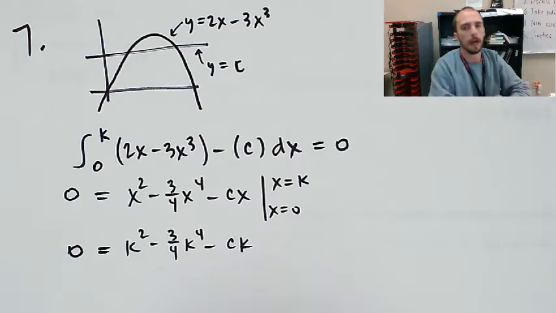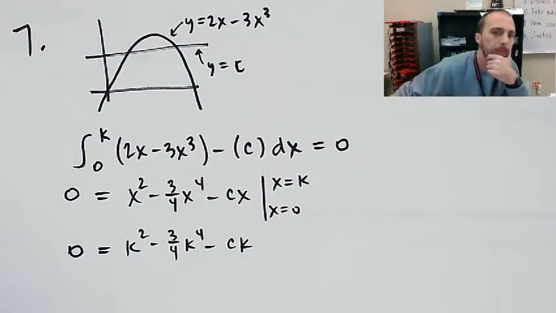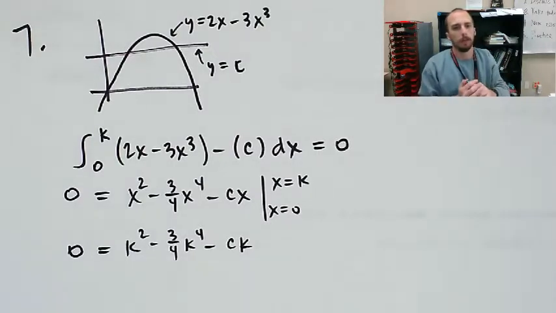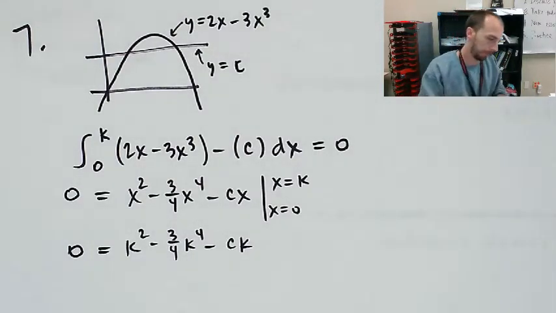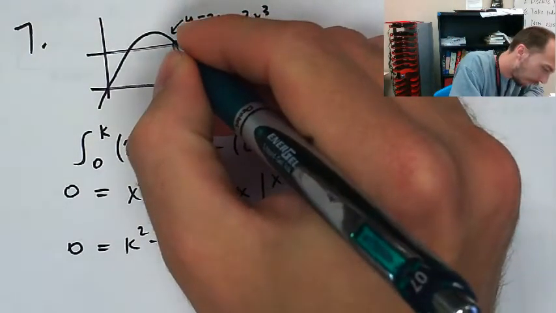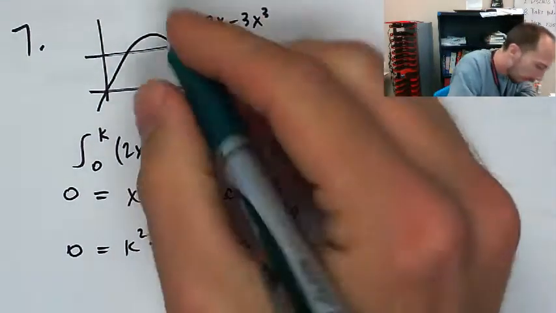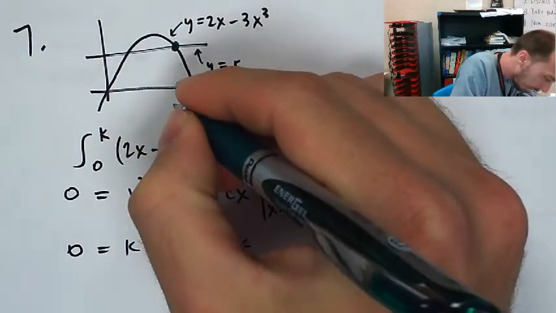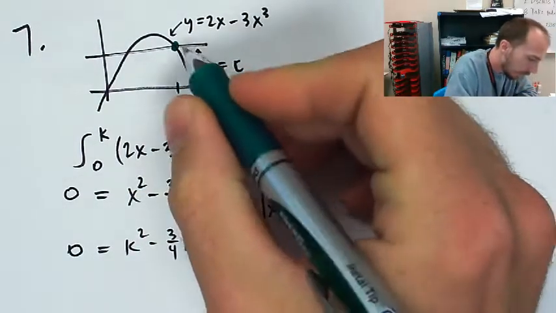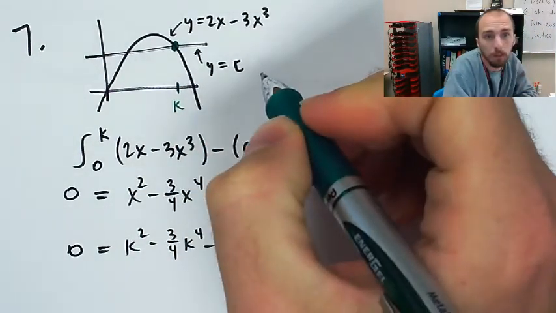Okay. Now, let's see, how do I want to say this? I'm just going to focus on this point right here. This is the point with x coordinate k and y coordinate c, right?